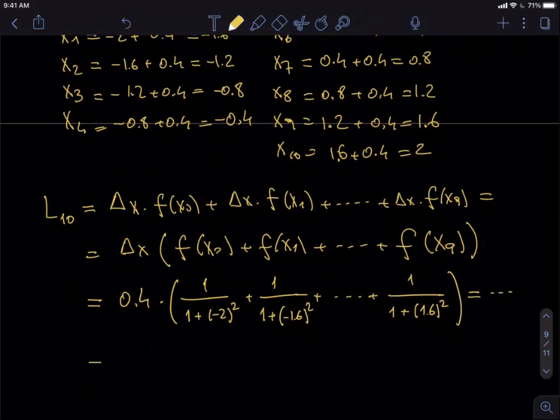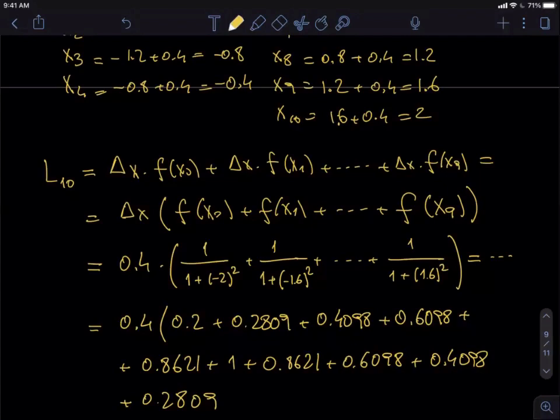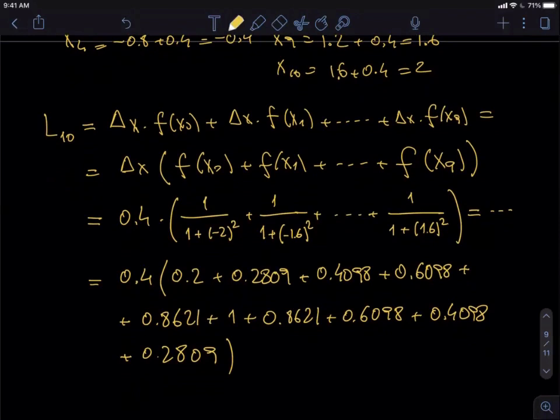And here we do all these computations. I actually computed it, so let me write what I got. 0.2 plus 0.2809, and that's it. Here I used the magic of video, so I just completed all of it, and then you can see the final result.